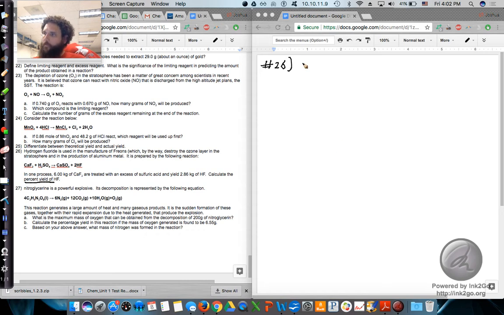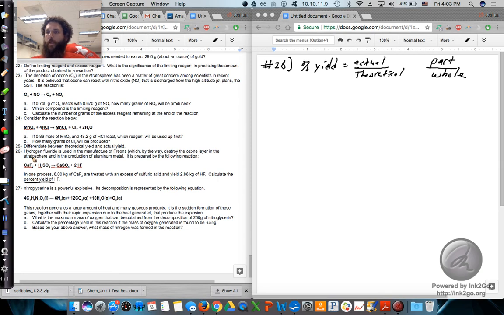So we have percent yield, which is going to be, wow, that's really terrible, the actual divided by theoretical. And it's just the same thing as any kind of fraction. It's the part divided by the whole. Simple enough.